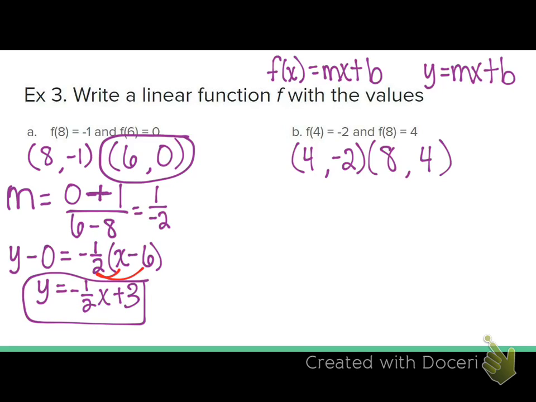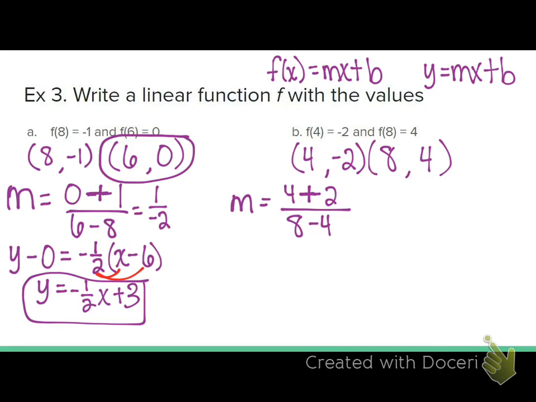All right, let's go ahead and go through B. If you didn't quite get it done, you'll be able to finish it up now. When we find our slope, what's going in my numerator? Okay, minus a negative 2 turns that to 4 plus 2. The denominator, 8 minus 4.